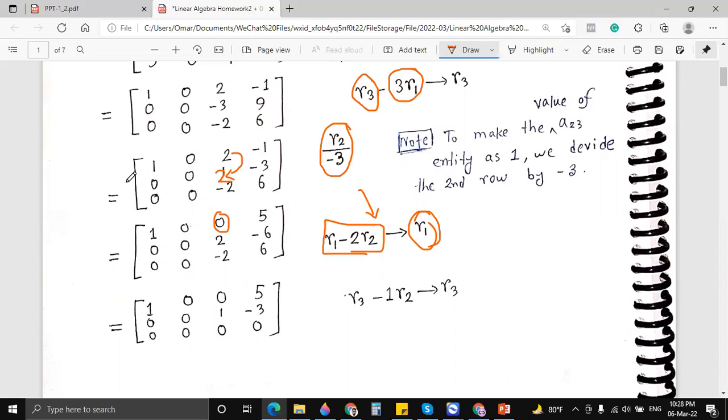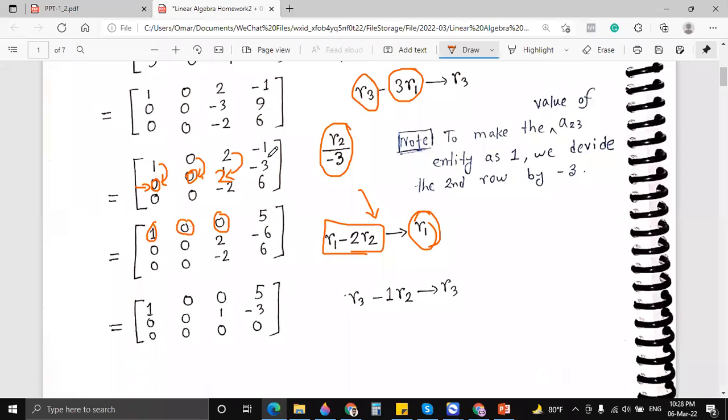Again here, I multiply 2 here. So 2 into 0, that means 0. So 1 minus 0, that is 1. And then here 2 multiply 0, that is 0. And 0 minus 0, that is 0.